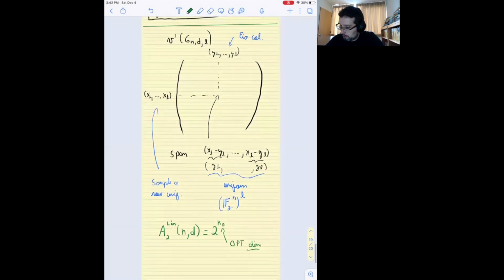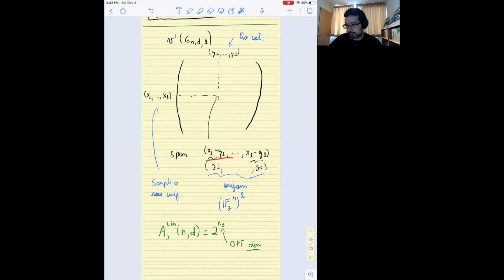And what's going to happen here is that most likely, when you take a collection of tuples, and if L is particularly large, let's say that L is n squared or something like this, the chance that this collection of tuples spans the whole space is going to be huge. So you have a uniform sample here.